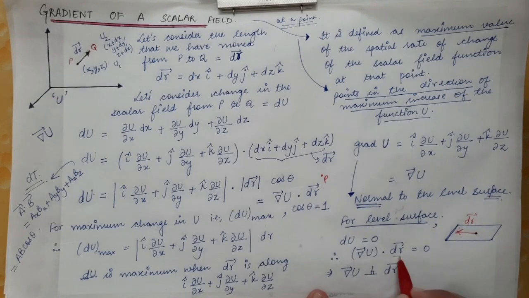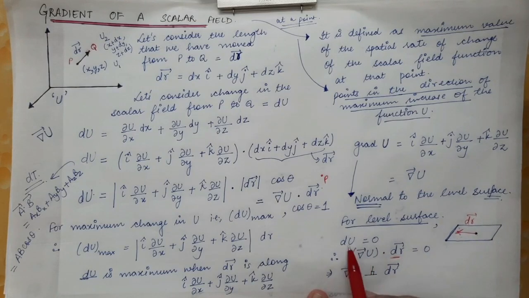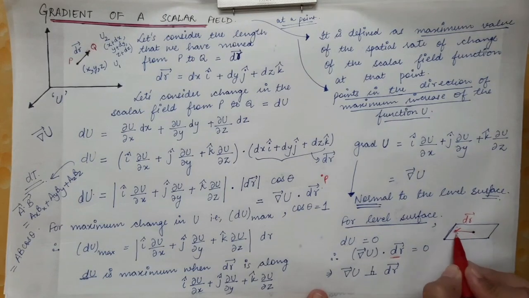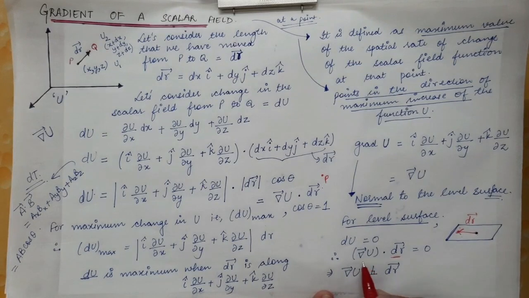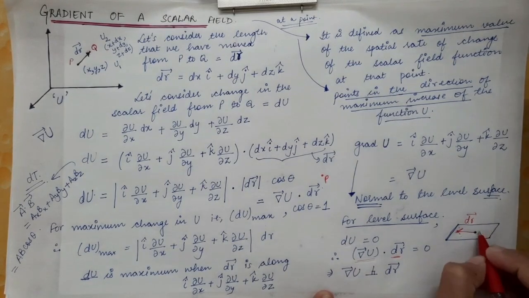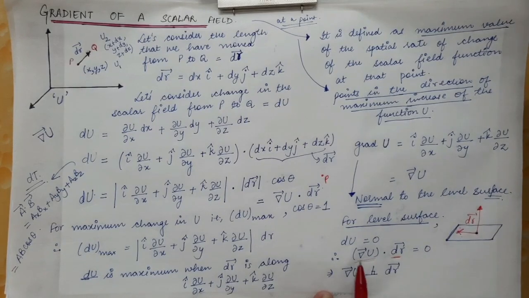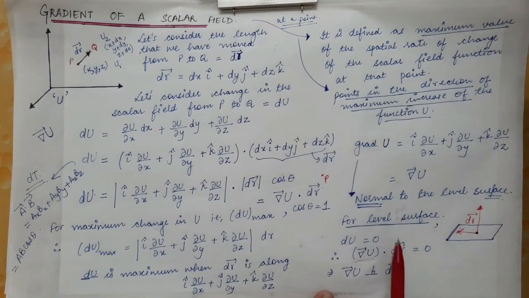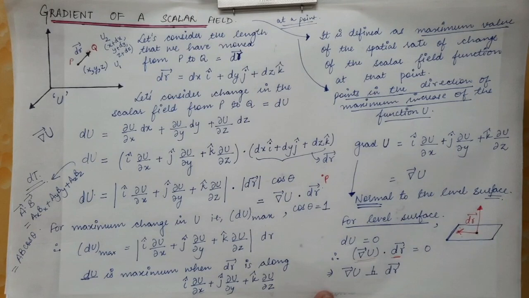For the level surface, we are moving from one point to another on the level surface, therefore we have put du equal to 0, and the dr vector is placed in the plane of the level surface. Therefore the gradient of u will be perpendicular to the level surface. So the direction of the gradient of a scalar function for a level surface is always perpendicular to that level surface.